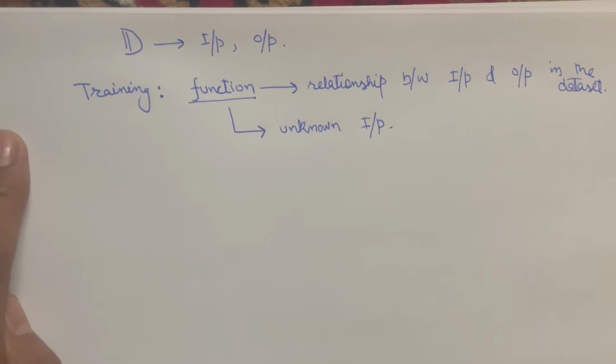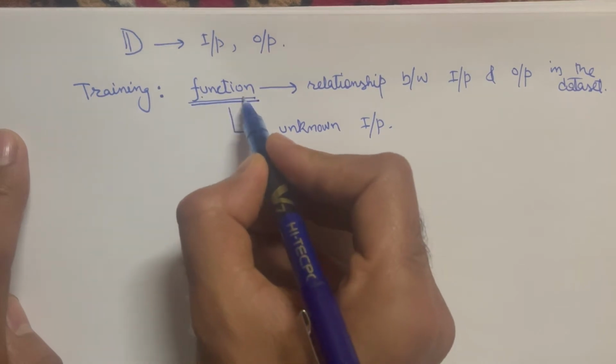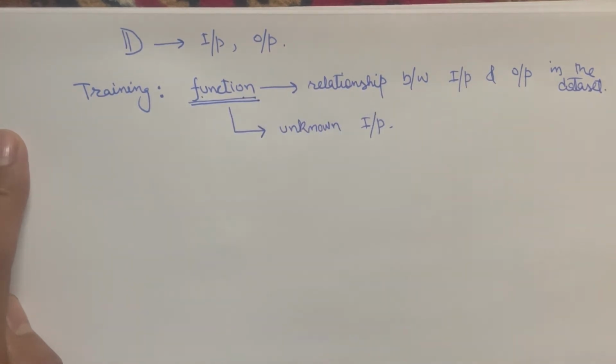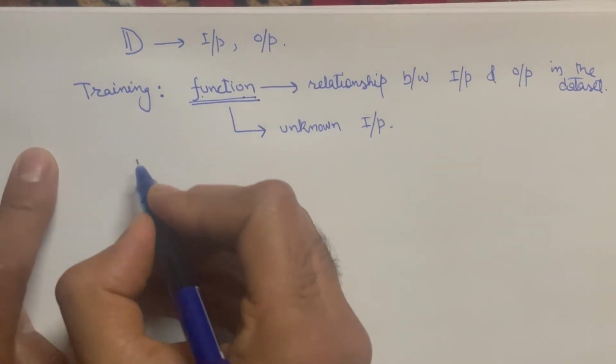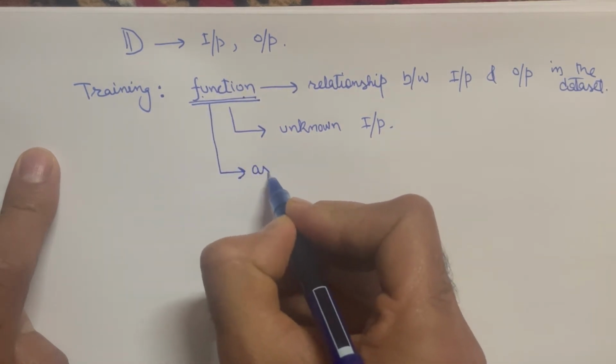Okay. Now to assume this particular function, this function can be anything. It can be a linear function, non-linear function, exponentiation, anything. So we have to assume this function initially.